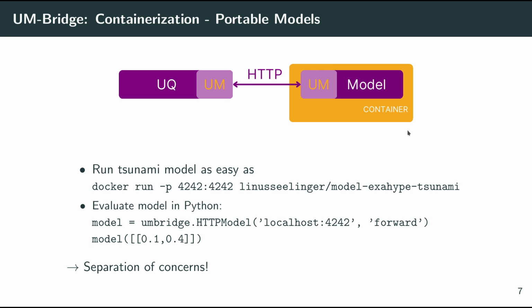For those unaware, a container is essentially a technology that allows you to package your software along with all of its dependencies and all the data that it needs into essentially a black box that is almost entirely independent of the underlying operating system. In other words, it's fully portable. And we do, for example, publish a container that contains a numerical simulation of a tsunami, which you can now, using the Docker container engine, run with that single command on your system.